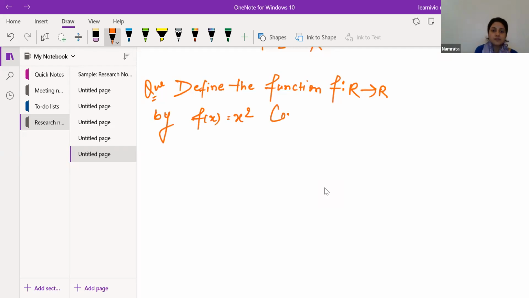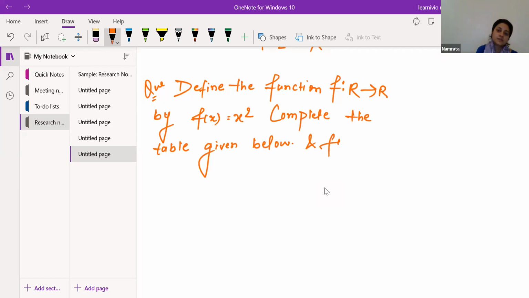Complete the table given below and find the domain and range of this function.